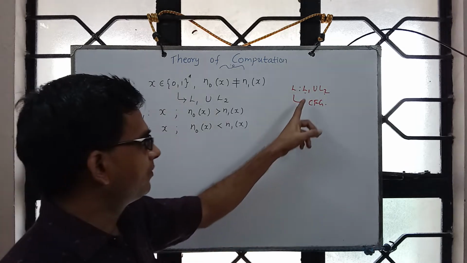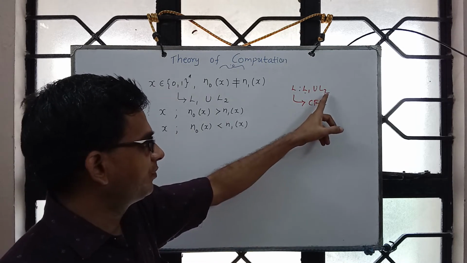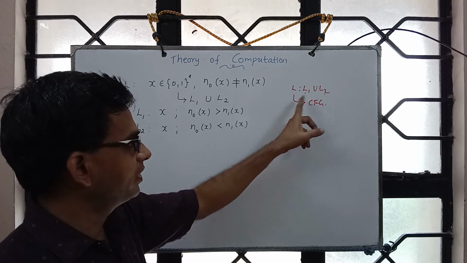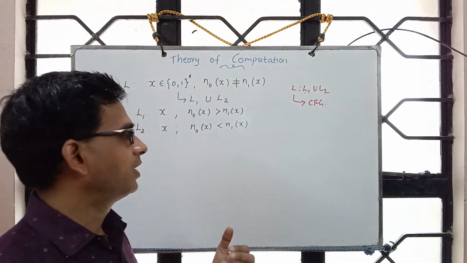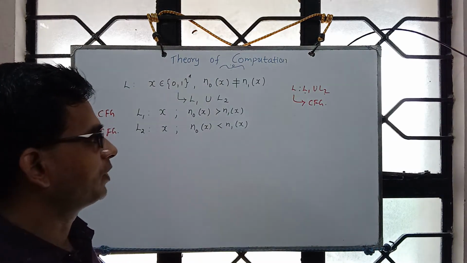Which means you have a pushdown automaton corresponding to this, and a pushdown automaton corresponding to this. For the union of these two, there also exists a pushdown automaton corresponding to the language L1 union L2.